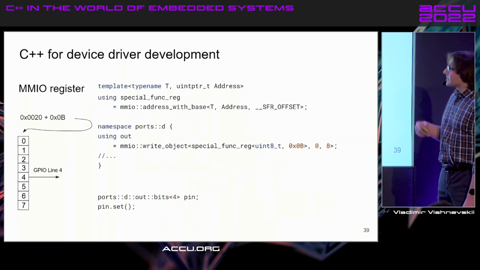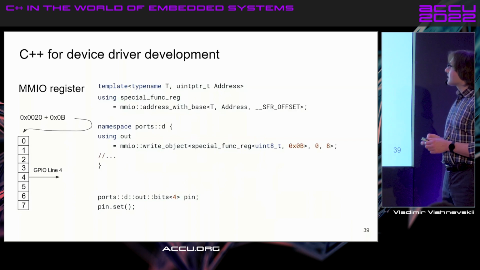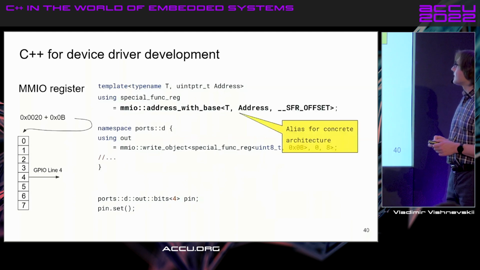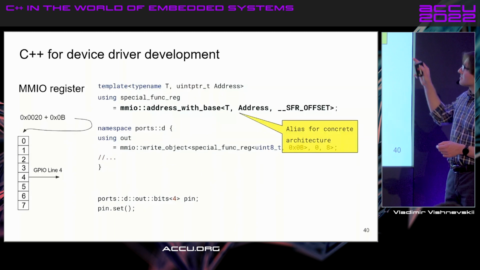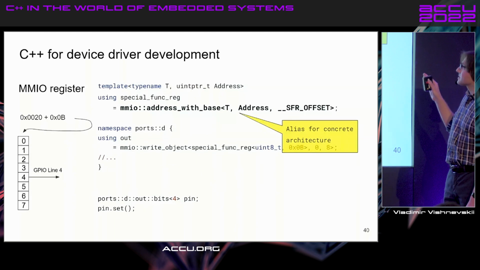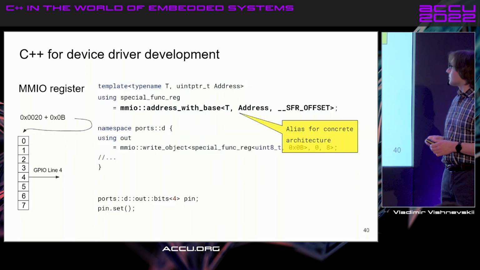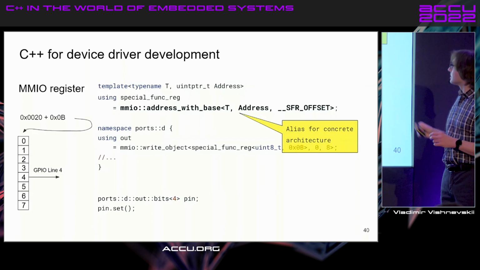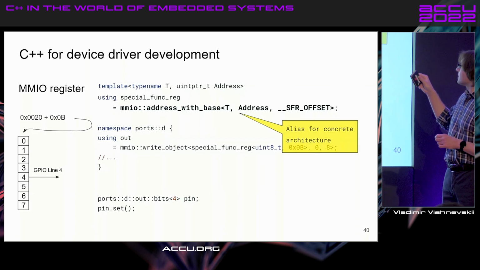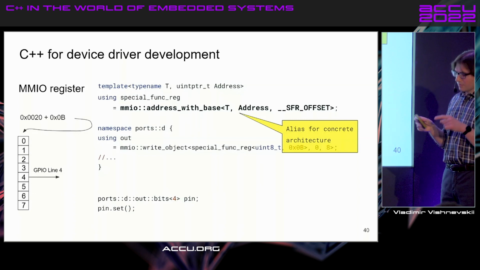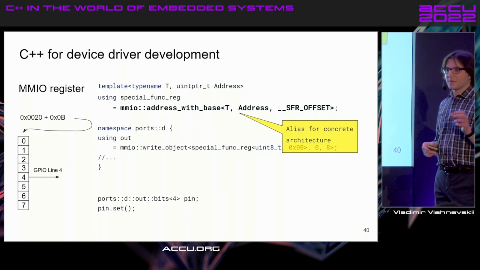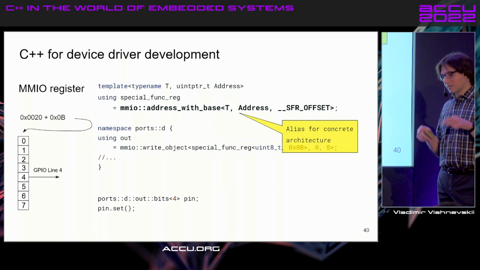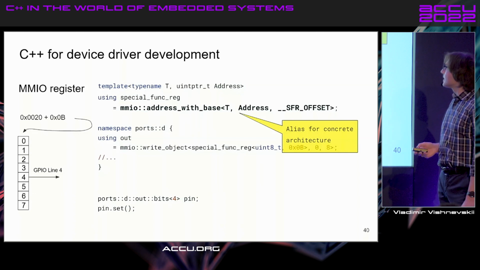So after we have this form of the abstraction, we can have some architecture-specific alias for a concrete architecture, that will use the terminology of this architecture, and also will be using some constants that are specific for this architecture and specified in the documentation.